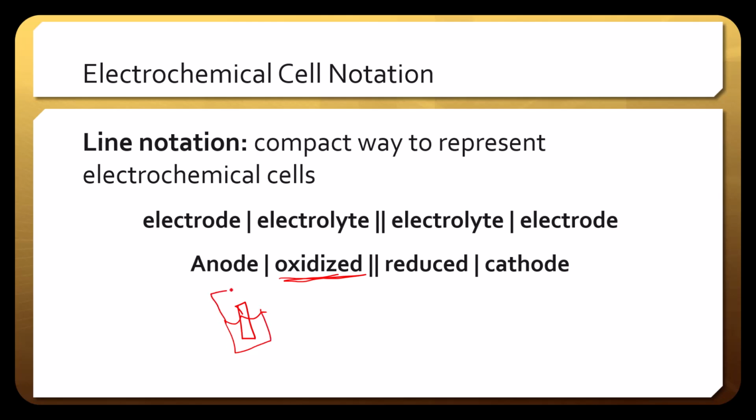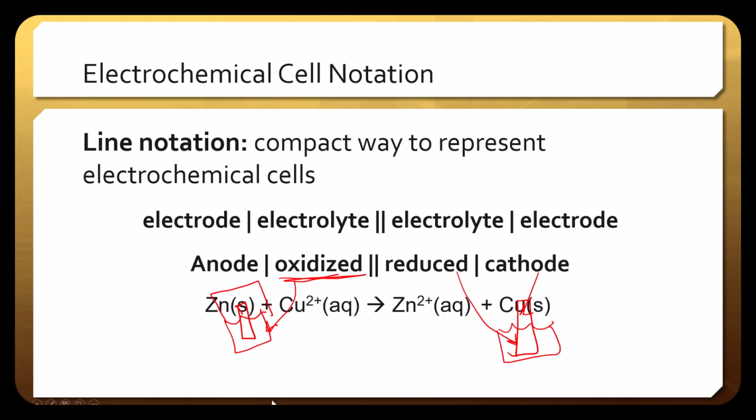This is going to be our anode, whatever the piece of metal was in the first half cell. This is going to be the electrolyte that's dissolved in solution. So the zinc was dissolved in zinc nitrate, so that's going to be whatever that solution is. Then over here, we're going to have our electrolyte that's reduced, the solution on the other side, and then the cathode is going to be that piece of metal. If we look at the reaction we've been looking at for this series of videos, it was the copper and zinc reaction.